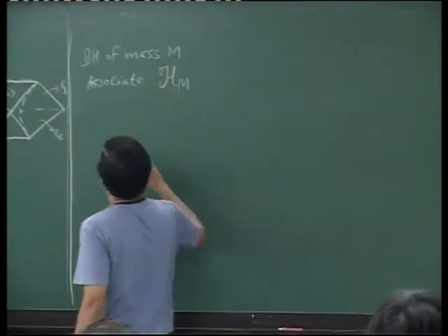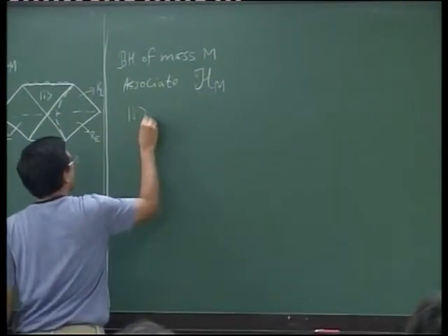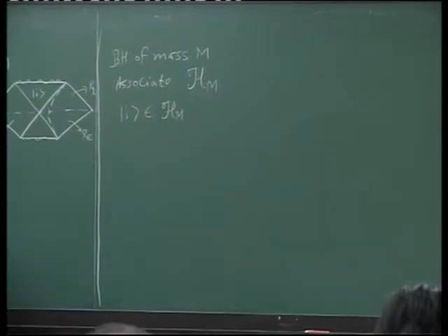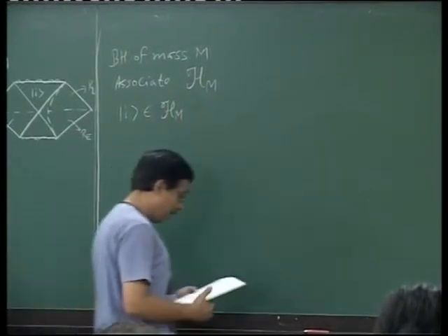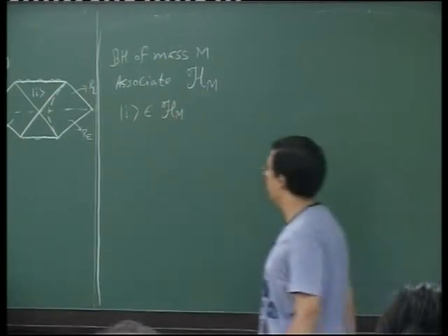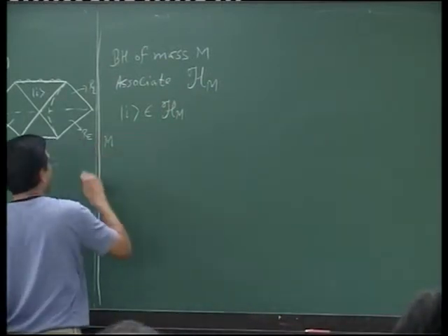And you say that there exist states I belonging to this H_M. And these states I, if you look at them in a coarse grained or macroscopic fashion, are indistinguishable.